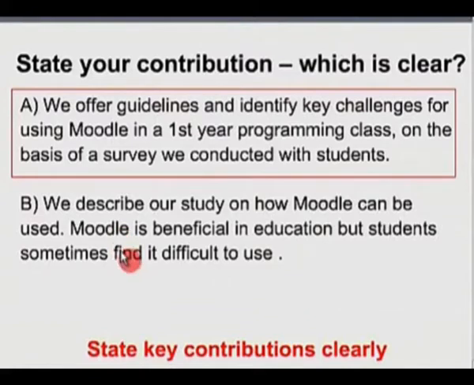You may have done all of it. However, it's not clear by reading this what exactly is the contribution of the actual paper. So state your key contributions clearly, state them early on. We'll come to this especially in the practical session. Make sure that the reader is not left wondering what the paper is about.